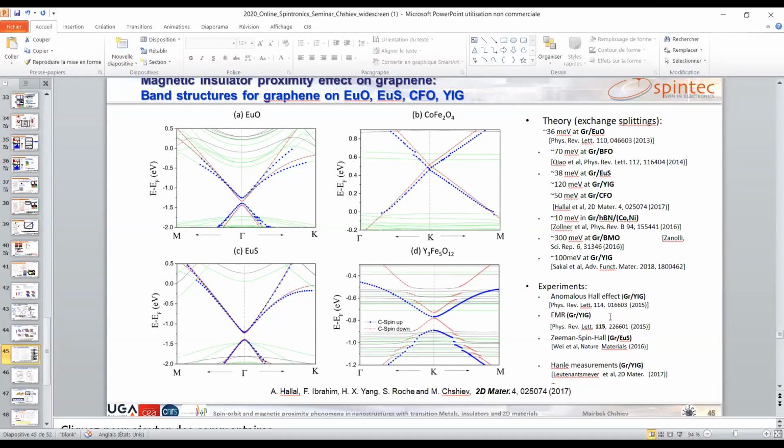Of course, there are also some ideas on which materials to go for. For example, Leila Zanoli was talking about the DMO graphene interface. So I think there are many studies existing, and it's hard for me to pick exactly which material you should look for.